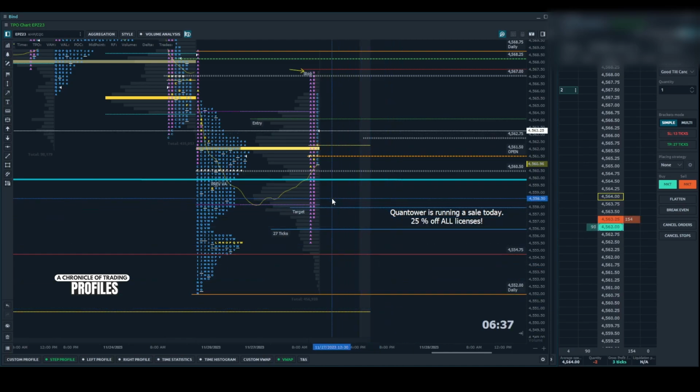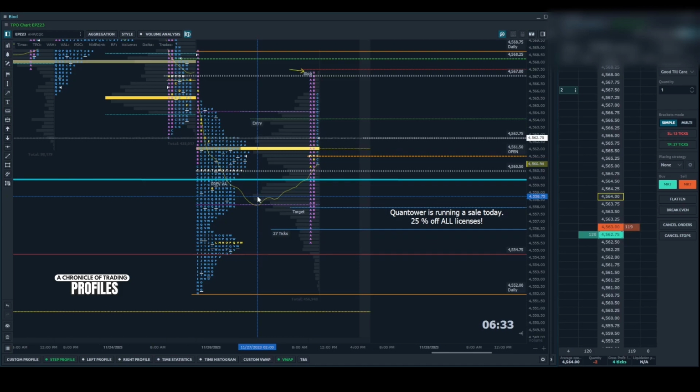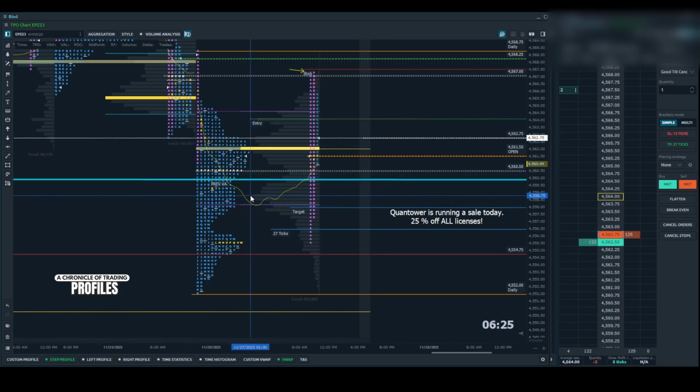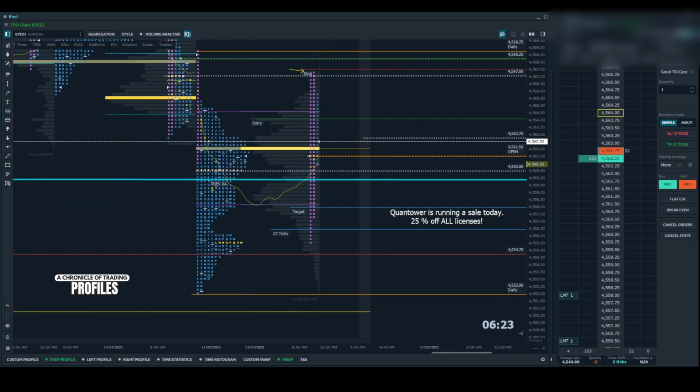May want to bring our first target up to somewhere in here, just to front run this value area low. That'd be 58.75.